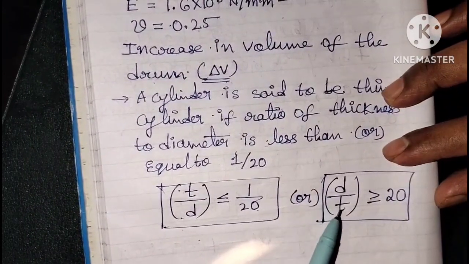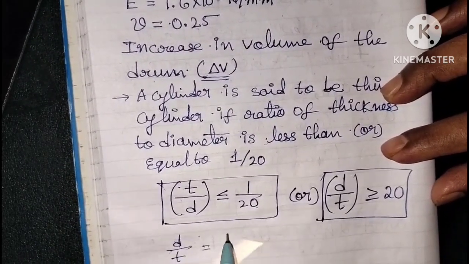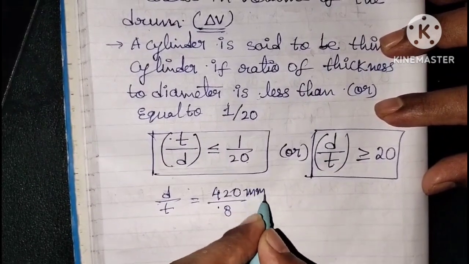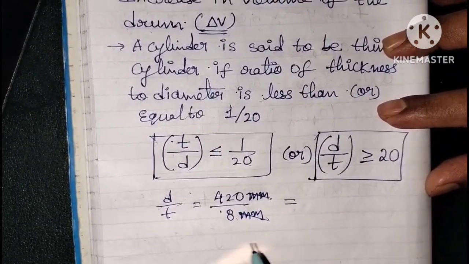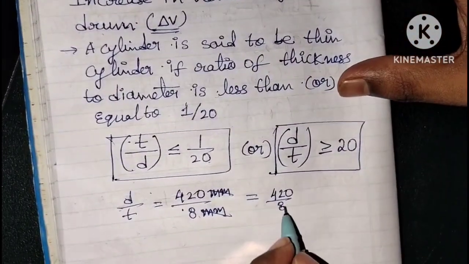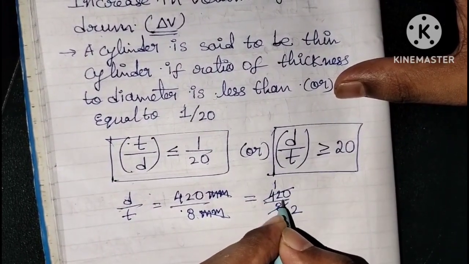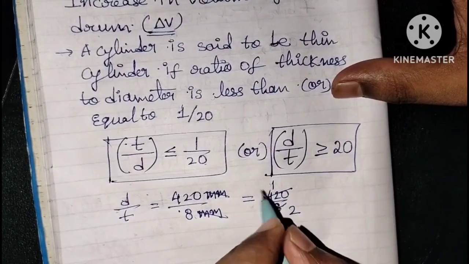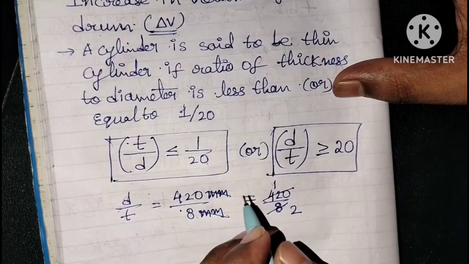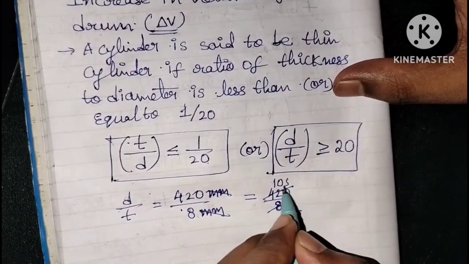So I am taking D by T, it is simpler. Diameter is 420 mm. So D by T is equal to 420 by thickness, given 8 mm. Units are important. So 420 by 8. Let's take the 4 table: 4 2s are 8, 4 1s are 4, and 4 0 5 is 20.